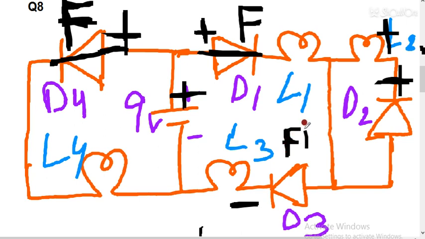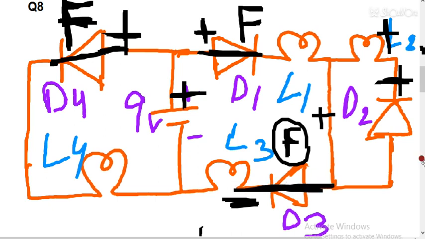Or you can simply say, if we connect a negative supply here, it will be forward biased. Some negative supply will also go here, so D2 is reverse biased. All the rest of the diodes are forward biased.